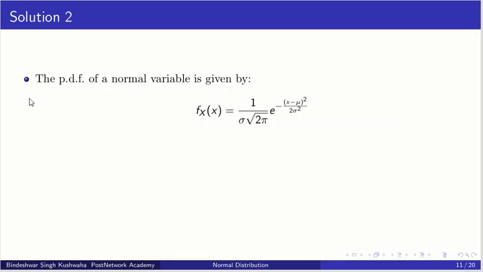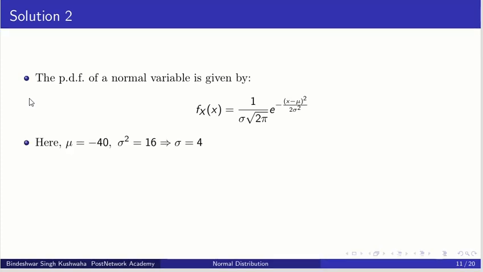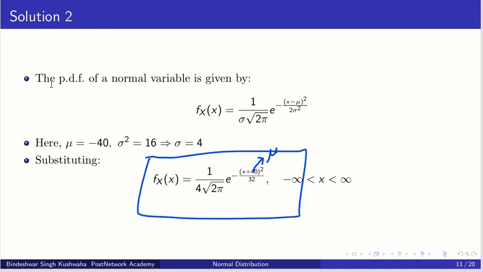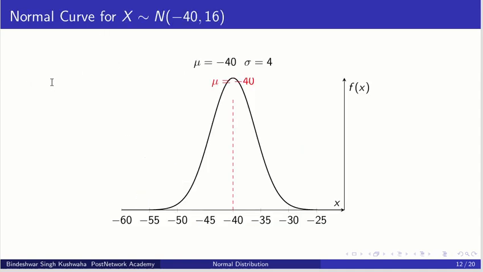The PDF of a normal variable is given by this formula; just plug in the values, solve, and finally you will get this one. Now if you plot it, with variance 16 and mean minus 40, you will get this normal distribution.